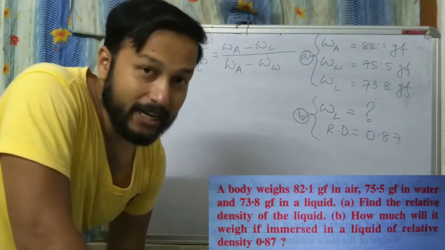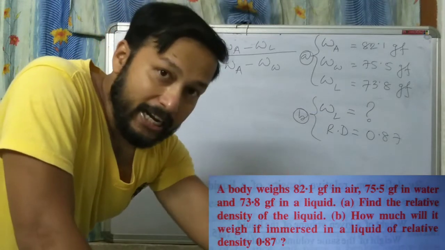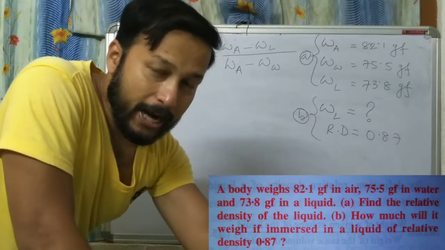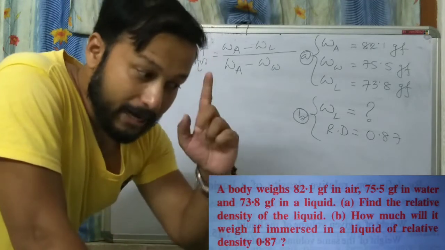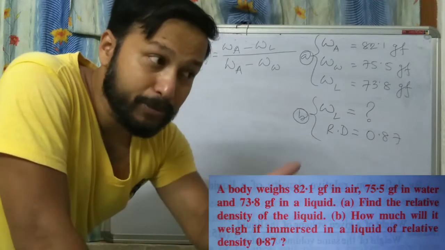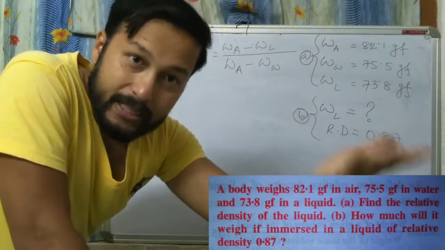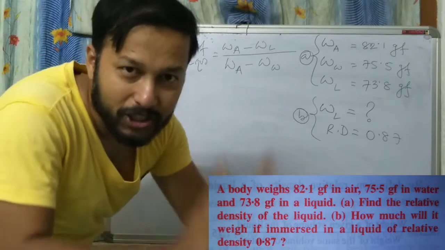In part A, the weight of the object in that liquid was given and you had to find the relative density of that liquid. And in part B, you have to find the weight of that object in that liquid, but the relative density is given. So just opposite.